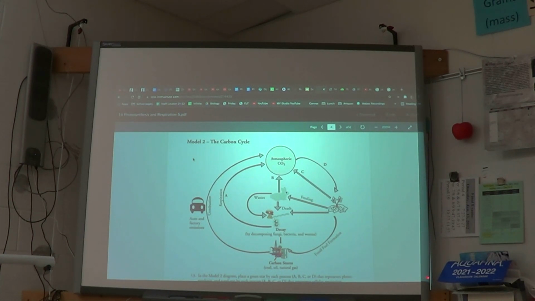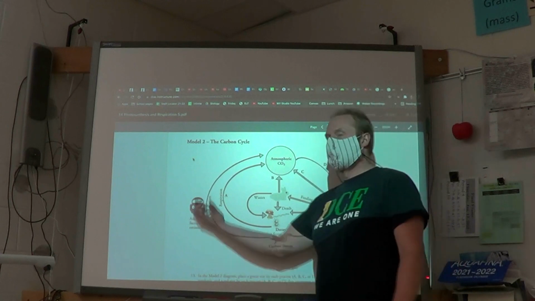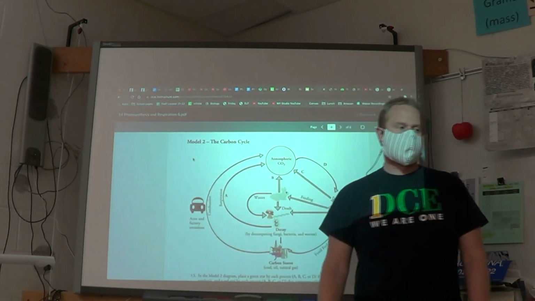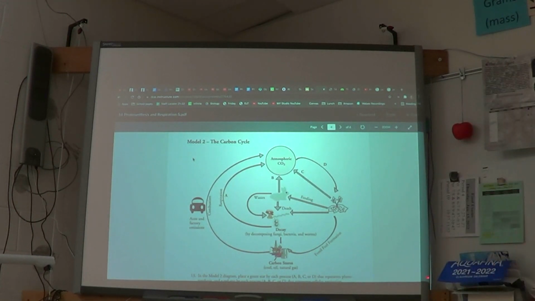But we do a lot of auto combustion and fossil fuel burning, and NASA has a really nice website showing that about 90% of actively publishing climate scientists say that we are the cause of the carbon dioxide emission increase.